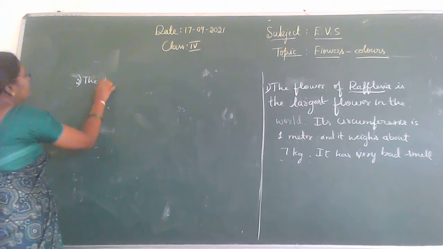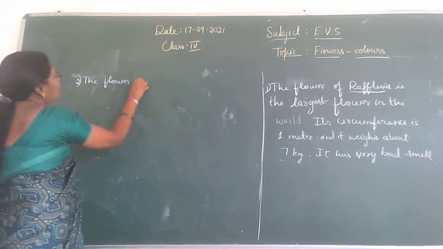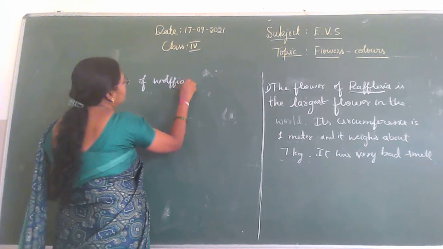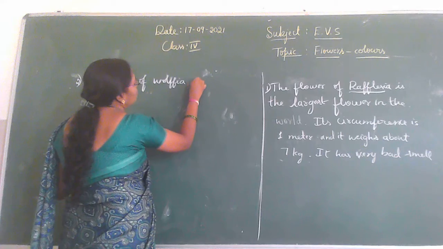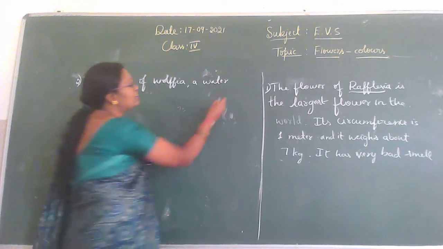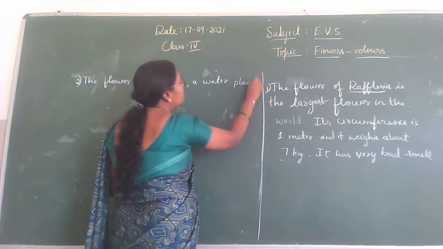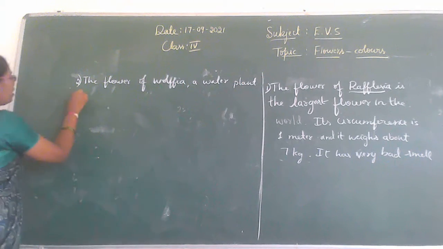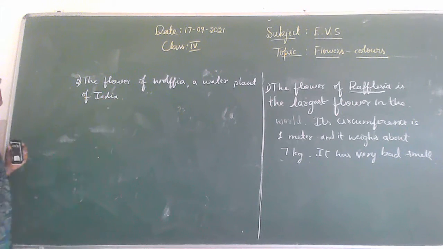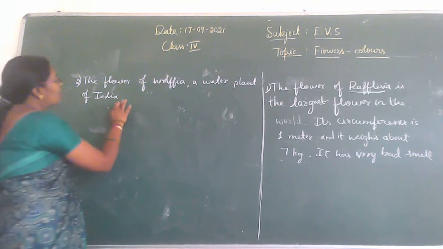The flower of Wolffia, a water plant. It grows in the water in our country, India. Which is our country? India. Is it? It grows in India. Which one?